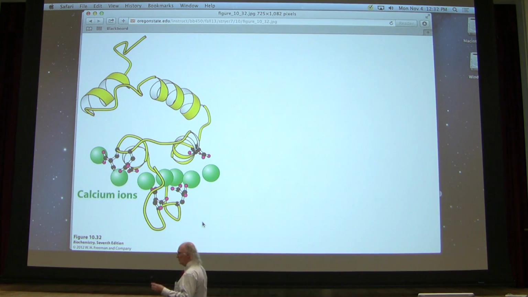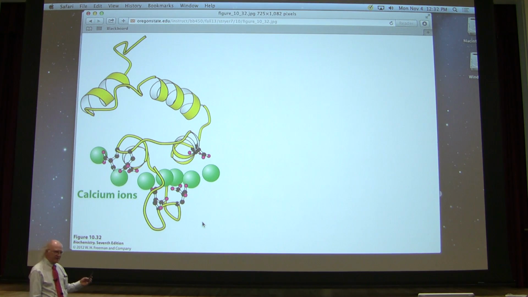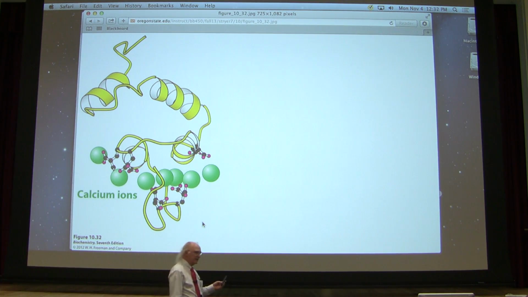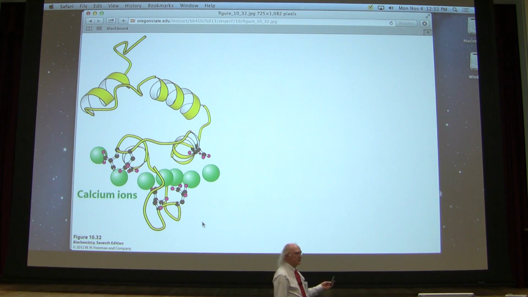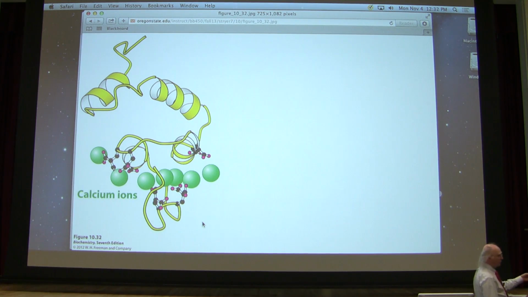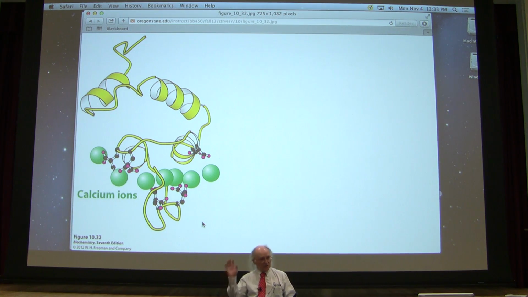This enzyme that uses vitamin K converts the glutamic acid side chains of prothrombin into something that has 2 carboxyl groups instead of 1. Normally, the side chains of glutamic acid have a carboxyl group. The R groups have a carboxyl group. But this modification that uses vitamin K adds a second carboxyl group to the side chains of glutamic acid of prothrombin. It works on other enzymes as well, but prothrombin is the one I'm going to talk about here.